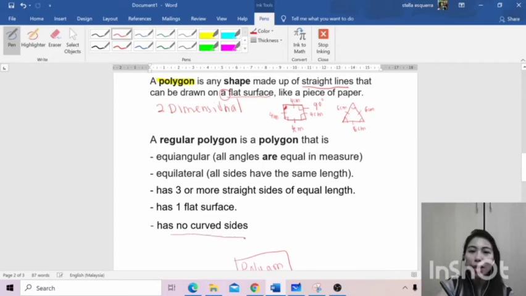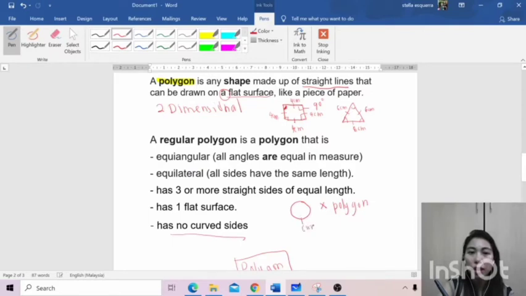And this is the most important: no curved sides. For example, a circle is not a polygon, because a circle has a curved side.